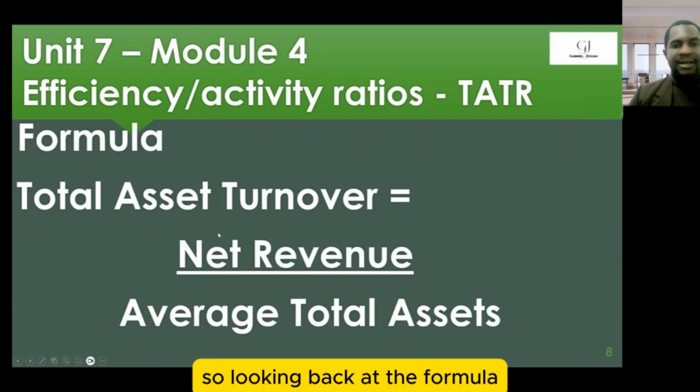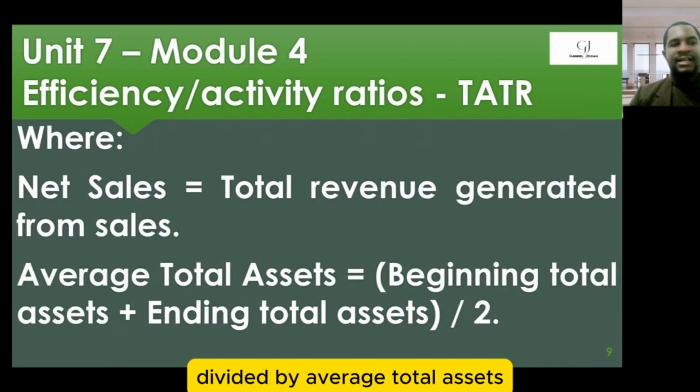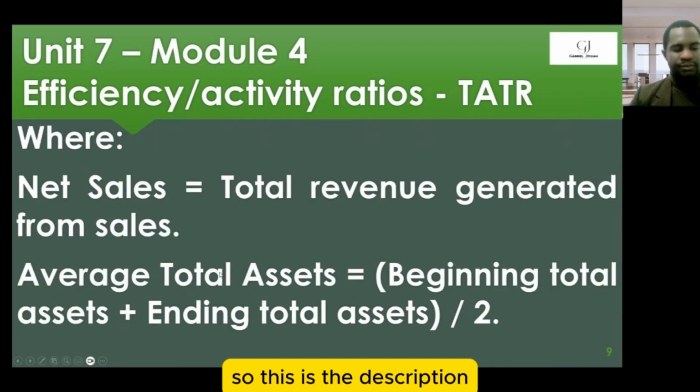So looking back at the formula, we have net revenue divided by average total assets. This is the description.